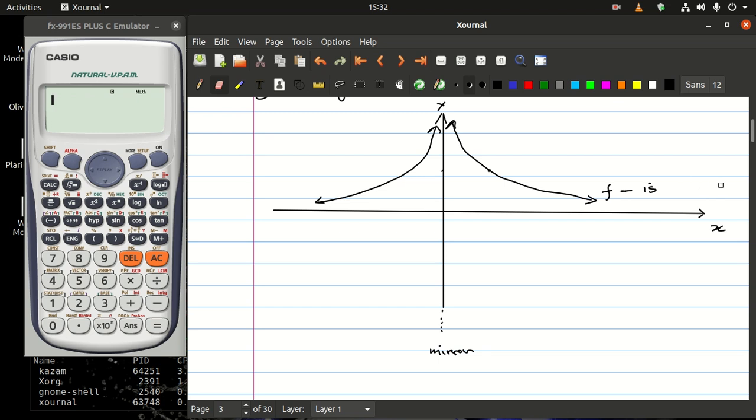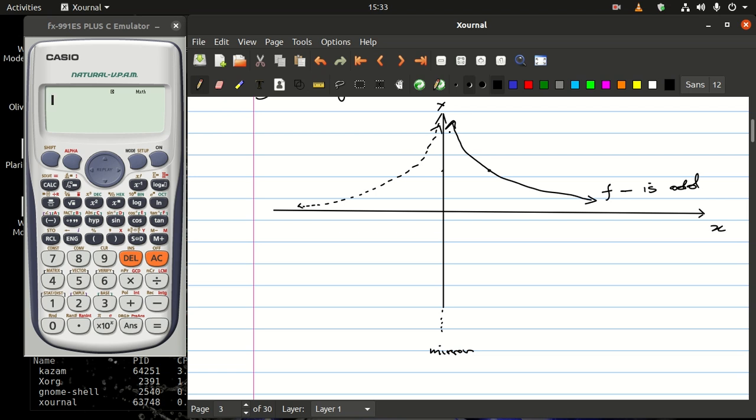Now, if we are saying f is odd or f has odd symmetry, how do we go about that? First of all, you have to look at your y-axis as a mirror, and that's your first mirror. When you look at the mirror, you will see a graph of this kind here.